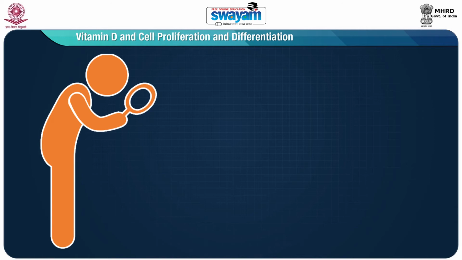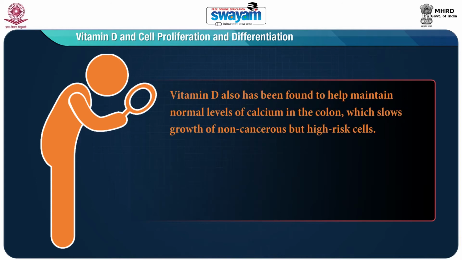Researchers have also found that higher vitamin D levels are associated with a lower risk of colorectal cancer. Vitamin D also has been found to help maintain normal levels of calcium in the colon, which in turn is found to slow the growth of non-cancerous but high risk cells.